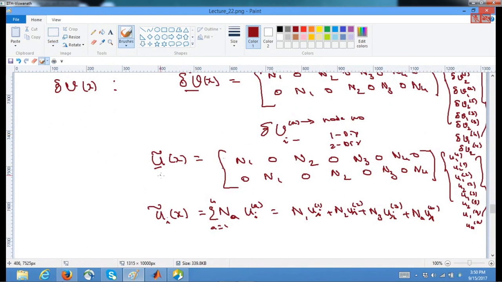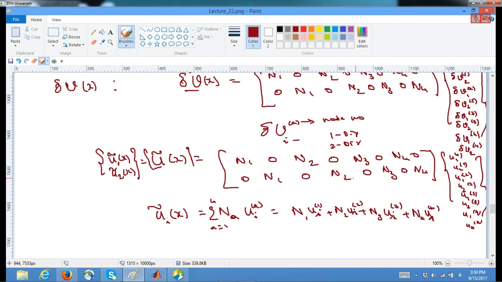This is u1 component, u2 component, which is nothing but n1 u1 for the node 1, n2 u1 for the node 2, plus n3 for the node 3, and n4 for the node 4.